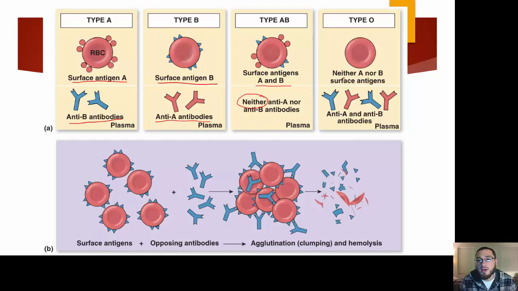And then type O, you have neither A nor B surface antigens, and you have anti-A and anti-B antibodies. So this is our universal donor, all right, because there's not going to be any issue with the surface antigens causing a reaction. And this is going to be our universal recipient.